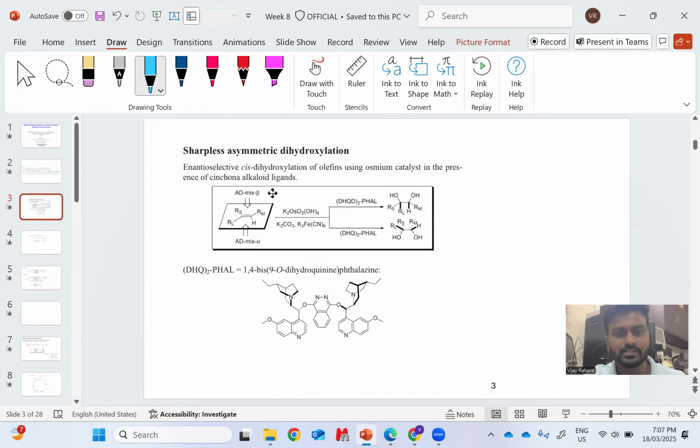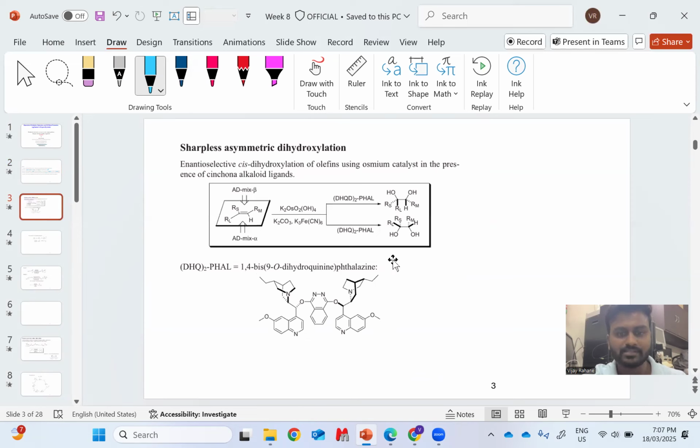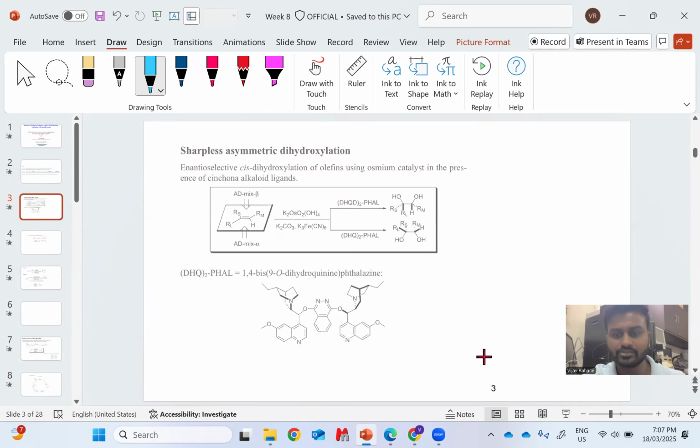Let's start with the first, the Sharpless asymmetric dihydroxylation.